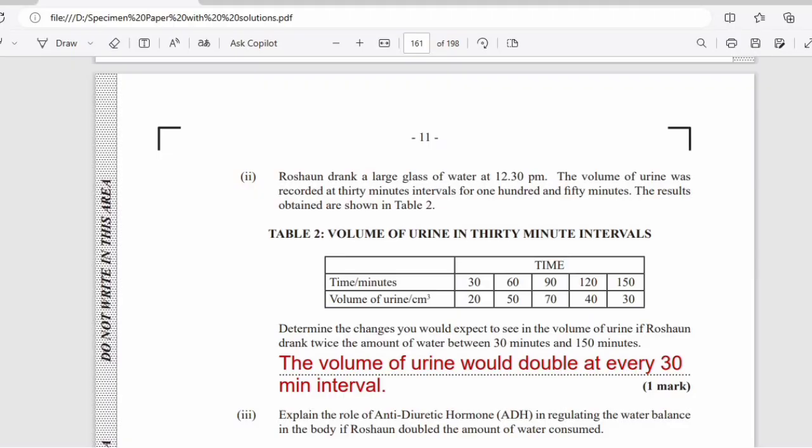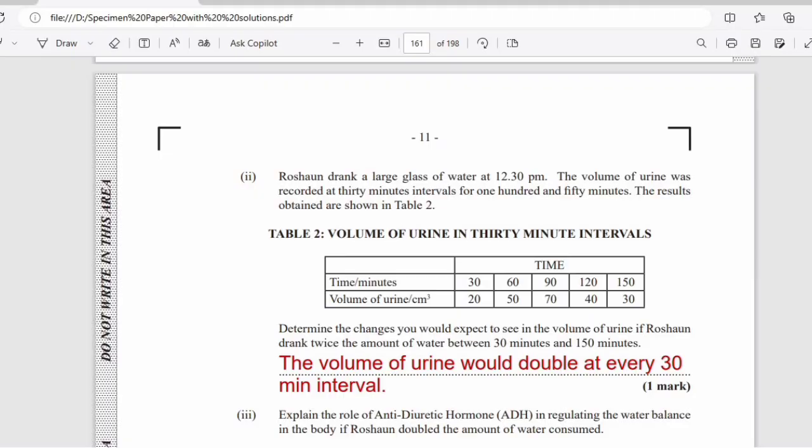Now, table 2 shows us the volume of urine in 30-minute intervals. So it says the time is 30 minutes, 60, 90, 120, and 150. And the volume of urine is given for all of those times. Determine the changes you would expect to see in the volume of urine if Rashawn drank twice the amount of water between 30 minutes and 150 minutes.